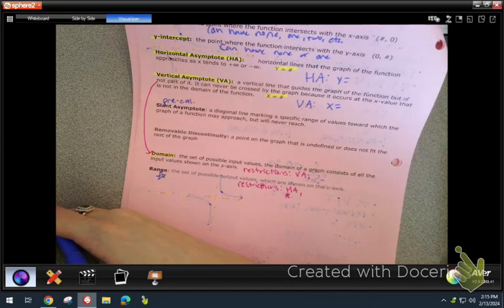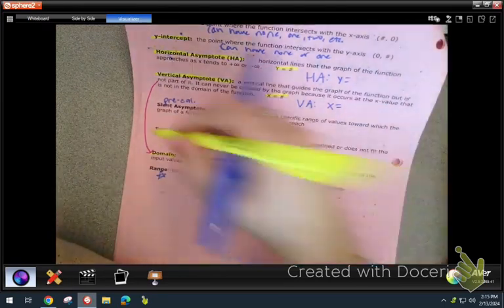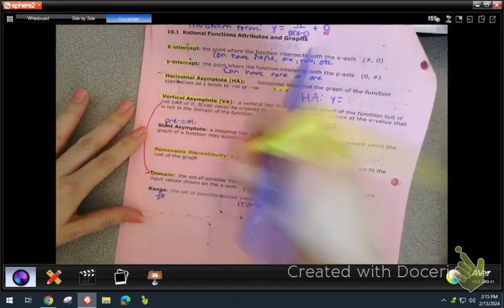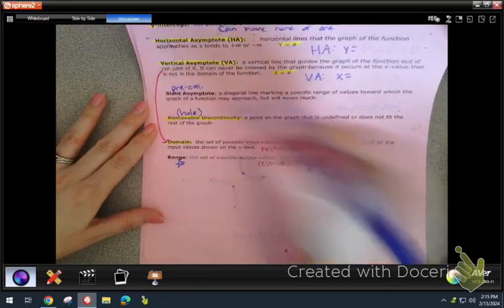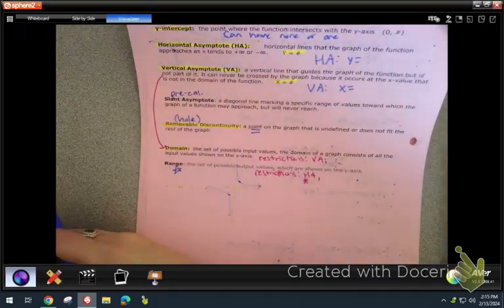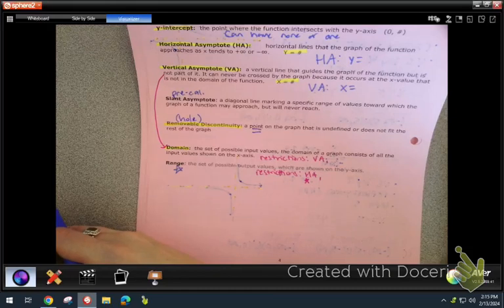Okay? But we'll see that there. And then the other thing in the graph is called a removable discontinuity. That is the formal way. Removable discontinuity. That is what y'all were freaking out about earlier. That's a hole in the graph. Literally a point. It is a point on a graph that is undefined, and it's not a part of the graph. It is an open circle.